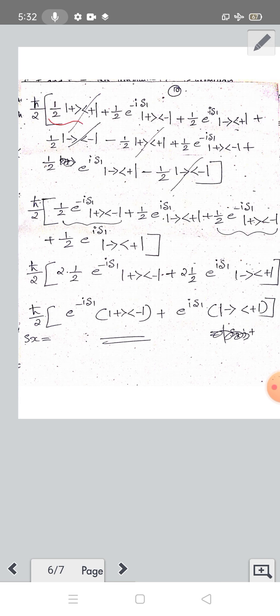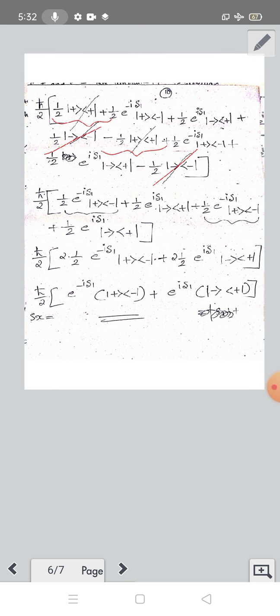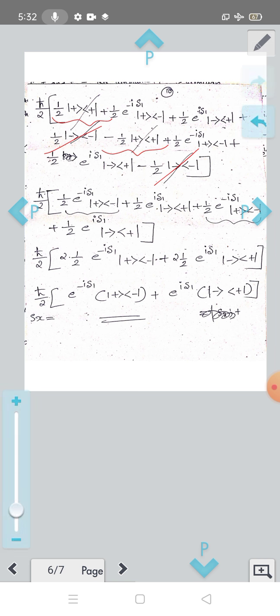So this 1/2 |+⟩⟨+| and this -1/2 |+⟩⟨+| are cancelled. Similarly, this 1/2 |-⟩⟨-| and this -1/2 |-⟩⟨-| are cancelled, and the remaining terms are written here, where Sx is equal to ħ/2.